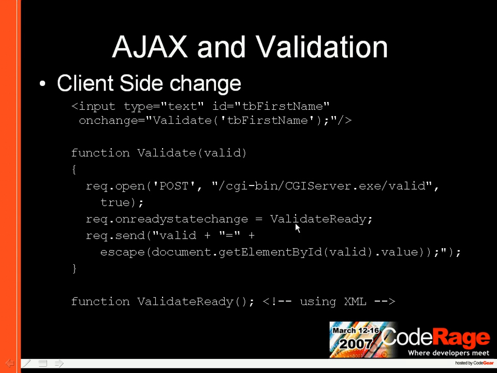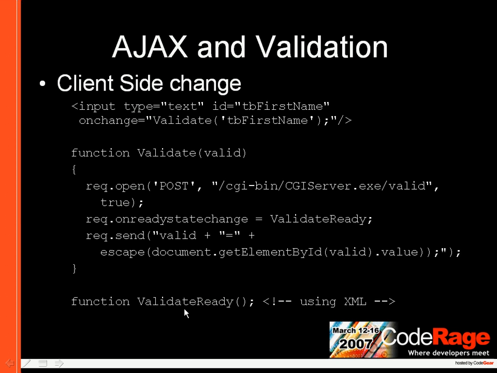The ready state change is set to validate ready, and I'm sending in my post response valid, the name of my control, plus the escaped value of my getElementById valid.value. And this actual value is the value inside my edit control. So with this information I can send a validation request back to the server as soon as I leave an edit control or get the focus in another control.